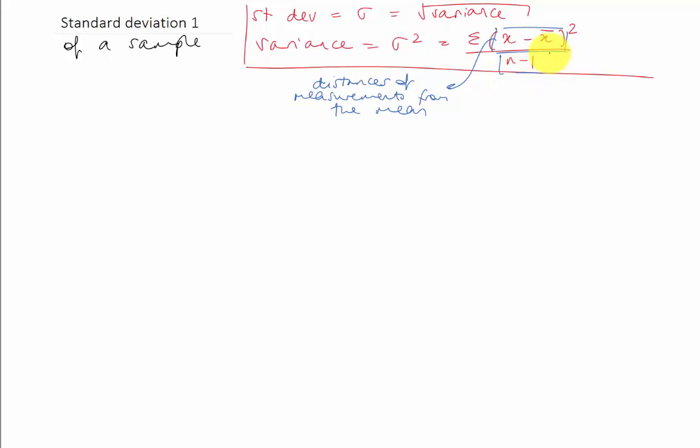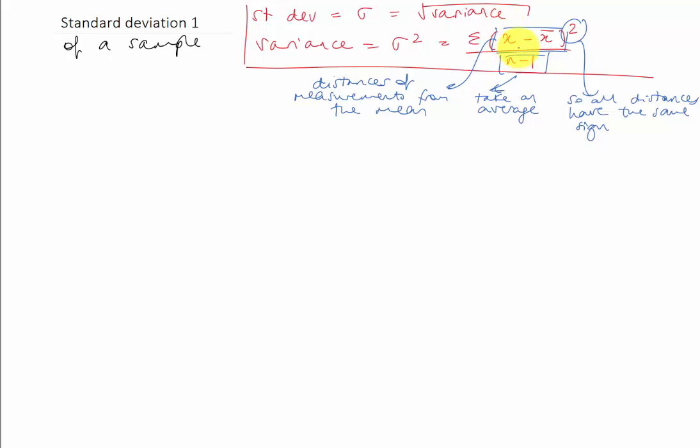Okay, and then we take an average of those distances, and the reason it's squared is that it could be in either direction, so that all the distances have the same sign. That means if you've got a measurement that's above the mean and a measurement that's below the mean, they're not going to cancel each other out.